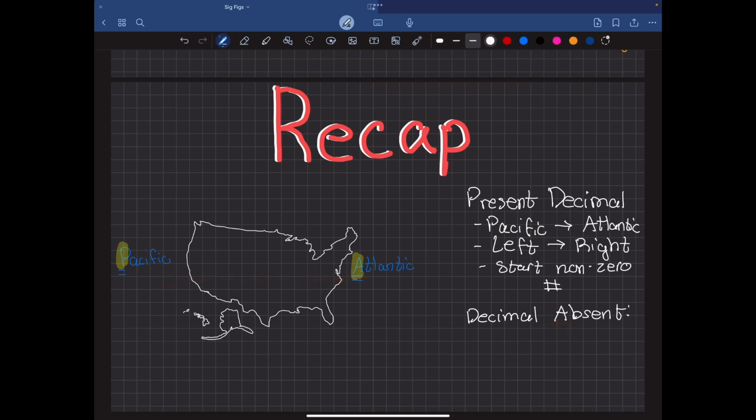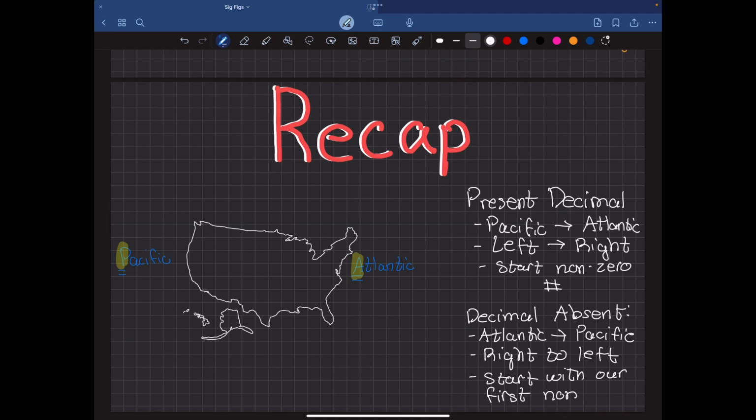So we're going to start reading from Atlantic to the Pacific, or from right to left. And we also start with our first non-zero.